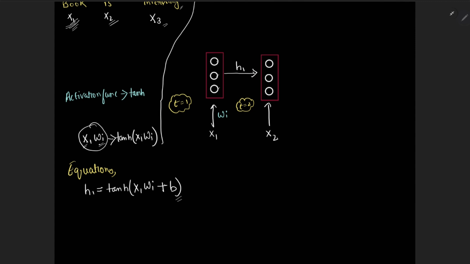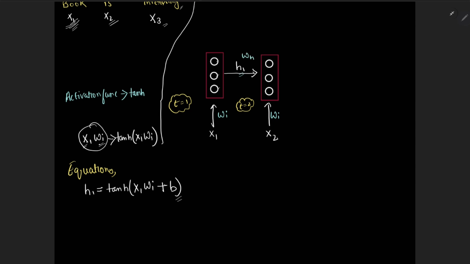Now this h1 will get passed to the next timestamp with a different input x2. We know this x2 has some weight associated with it, wi, because x2 will influence the output, so it has some importance, and that importance is specified with this weight. Similarly, h1 will also have some importance, specified by wh.